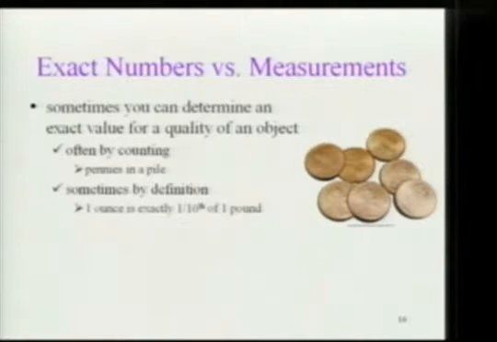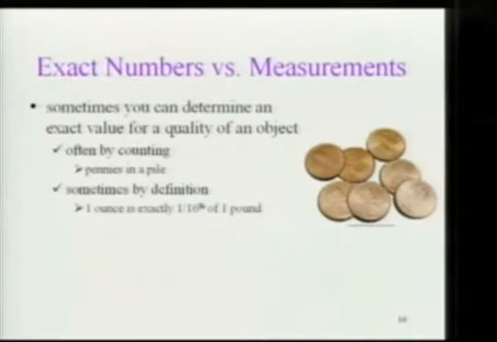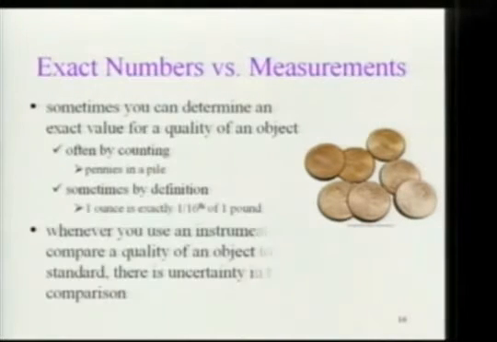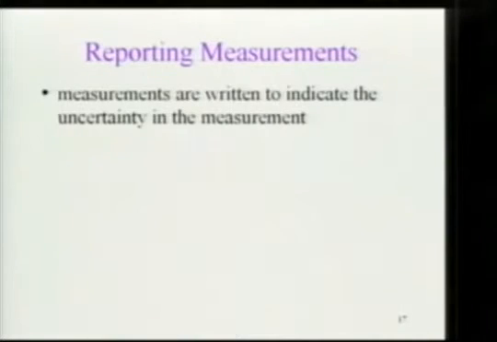A mile is 5,280 feet. That's a definition, a sort of pure number. There's no measurement there. However, when you use an instrument and measure using some sort of standard, that's when we have to watch what we do. So let me show you what I mean.